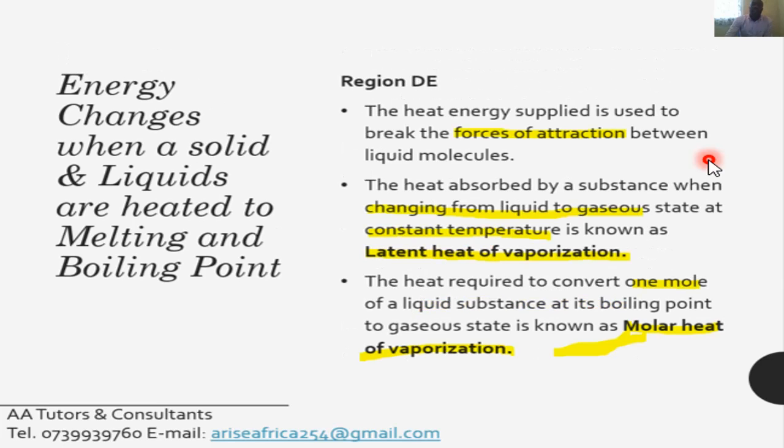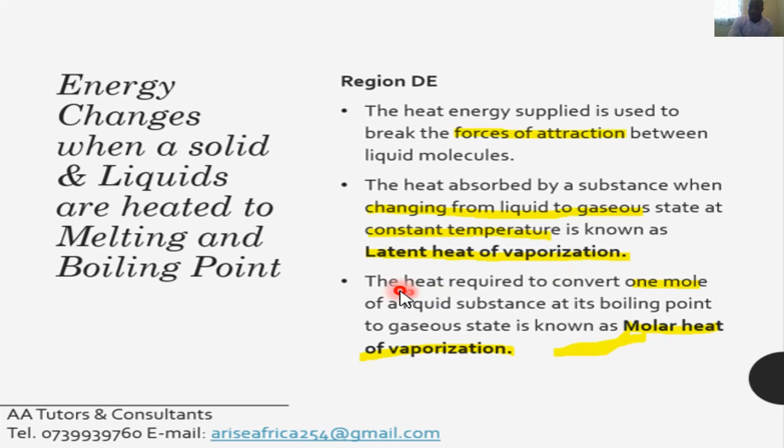The heat energy supplied is required to break the forces of attraction between liquid molecules. As the liquid turns to gaseous state, that amount of heat supplied at constant temperature is known as latent heat of vaporization.